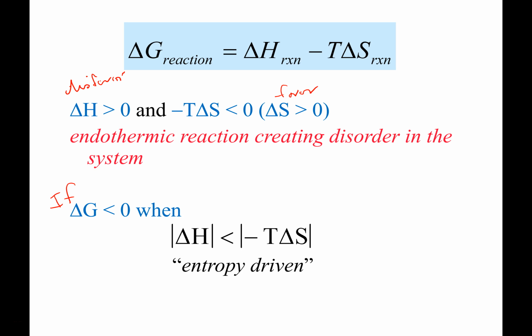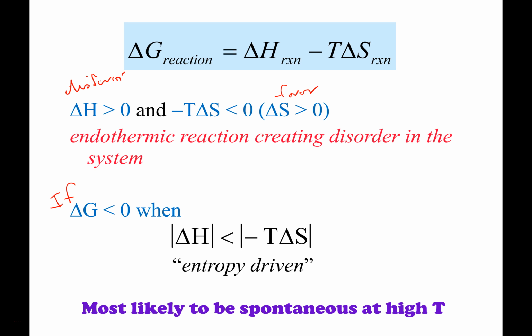And what do you think? High or low temperatures would favor this then? High temperatures, yep. So just mathematically, I look, well, if I want this to take over, the higher my T is, the more that this product is going to be higher than my delta H. Exactly.